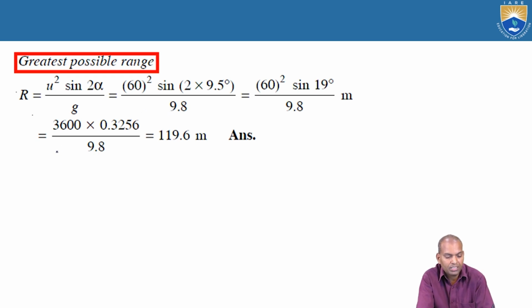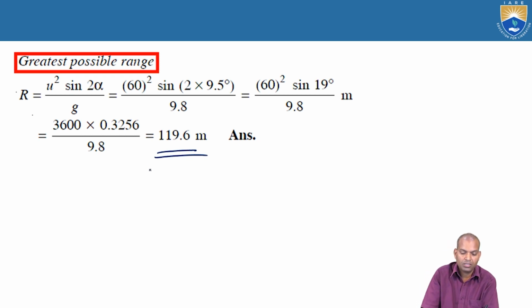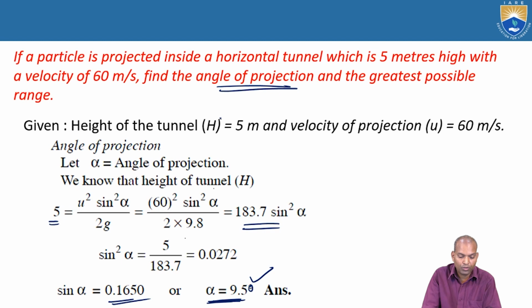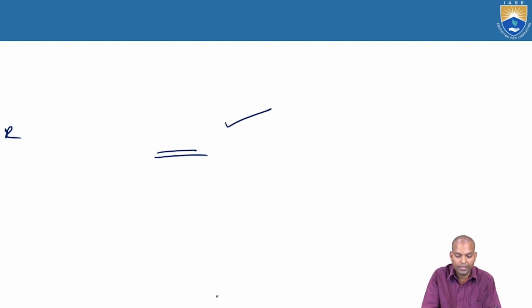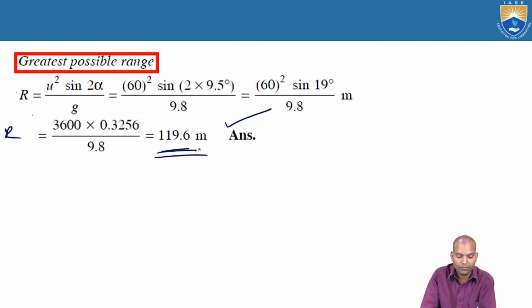If we substitute u and alpha, the obtained range is 119.6 meters. Before, we calculated alpha as 9.5. Now the range is 119.6 meters. So these are the two objectives that were asked, calculated.